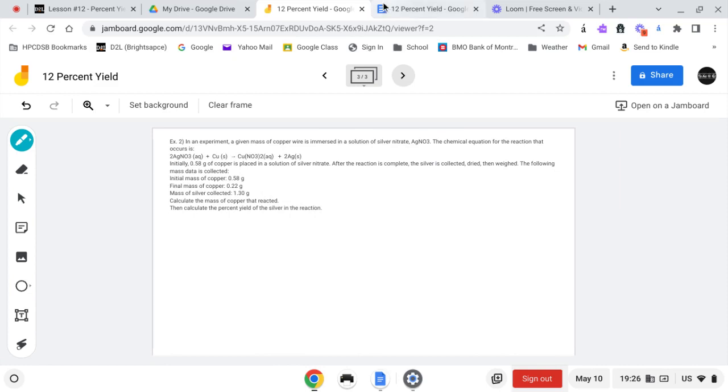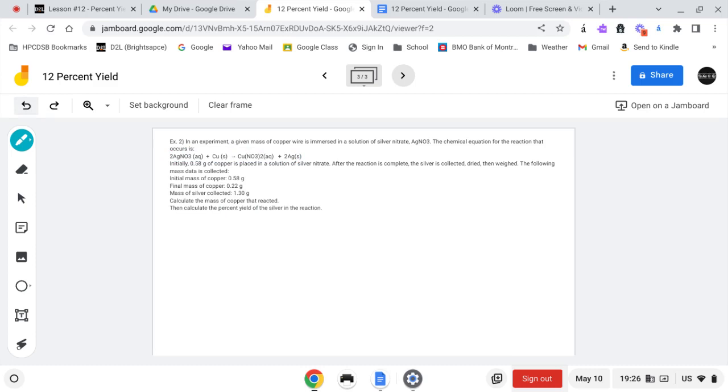And the next question is a little bit small here on the screen, but you have this on your summary note. This reaction here is the reaction of copper wire immersed in a solution of silver nitrate. So here's our overall reaction listed for us. And it says initially 0.58 grams of copper is placed in a solution of silver nitrate.